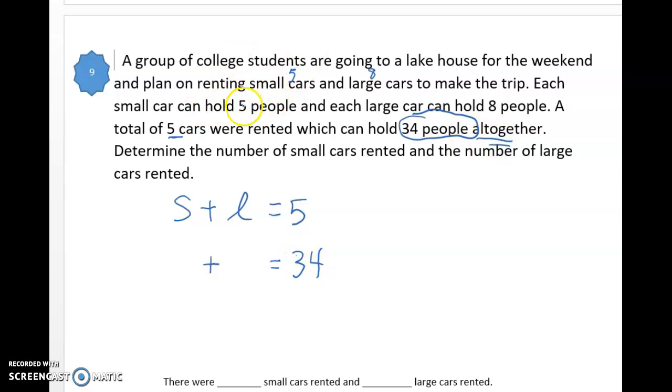Oh, 5 people can fit in a small car. So how would I write that if I think, well, 5 people can go in 1 car, 10 people can go in 2 cars, 15 people can go in 3 cars. That's right, I'm multiplying.